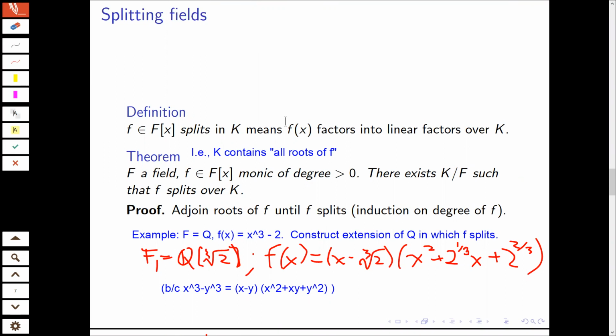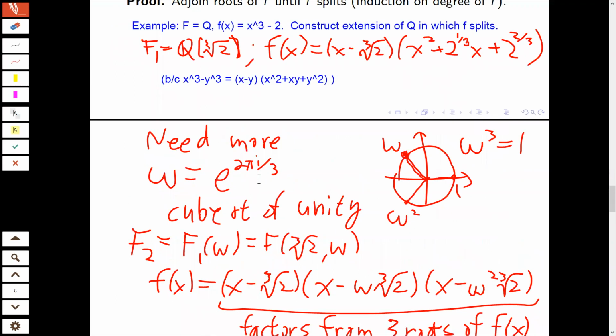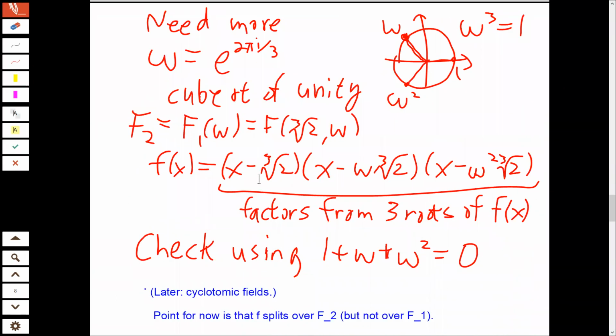This is where we started, and here's where we ended up. In order to split that polynomial f, we had to add both the cube root of 2 and omega.